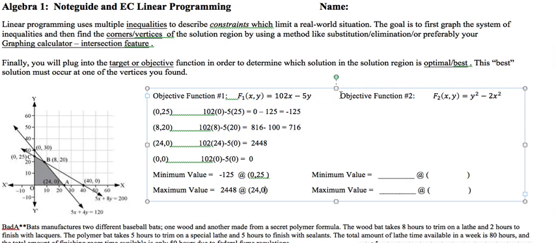There could be a totally different objective function for this region, though. So what if we have this objective function? So I think we're going to plug in the same points. Let's do it. So we're going to plug in the same points. (0, 25) is going to be our first one. And now we're supposed to do y squared.